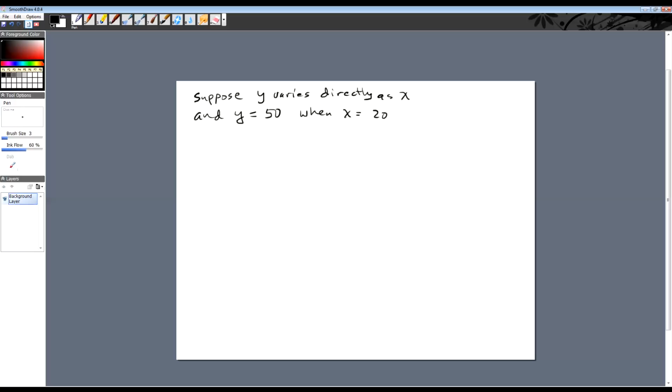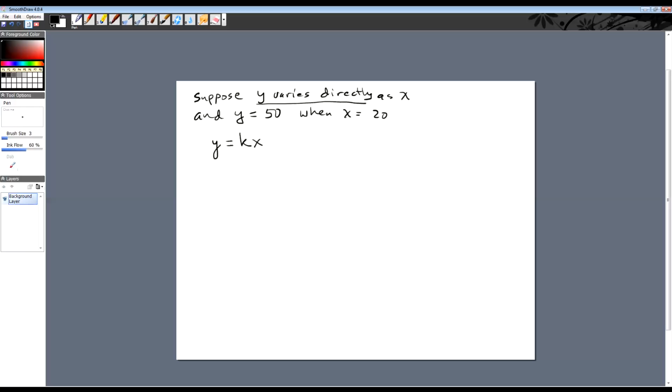So if it varies directly, we know from the PowerPoint slide that there's going to be some non-zero constant k such that this equation, y equals k times x, is true.